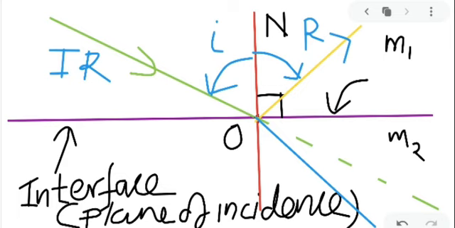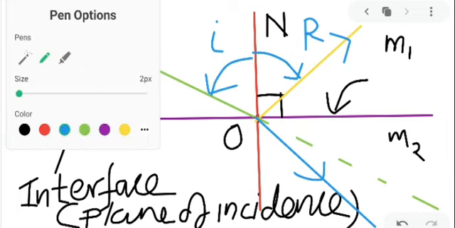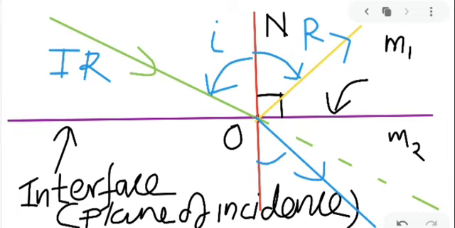If the optical density of medium 2 is more than the optical density of medium 1, then light will bend towards the normal. It will appear to go along this path, anywhere between the actual path and the normal. So it will be at a certain angle, and that angle is this.